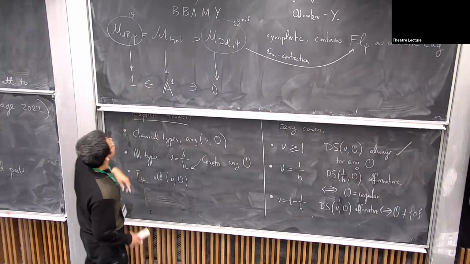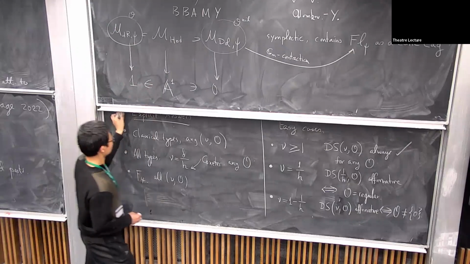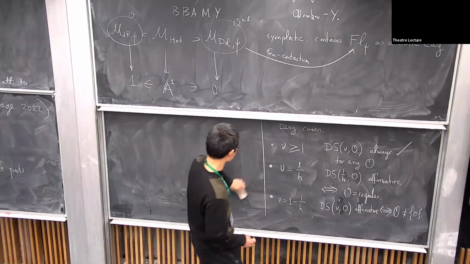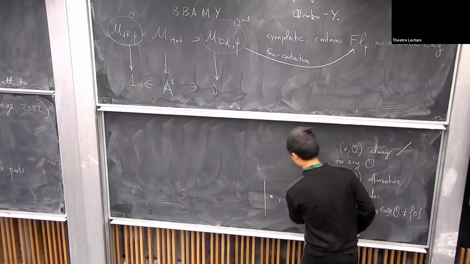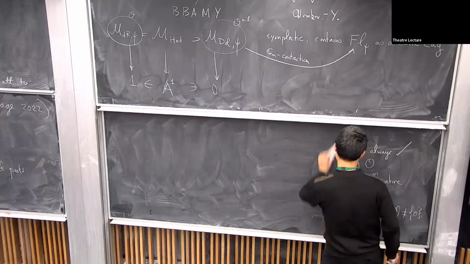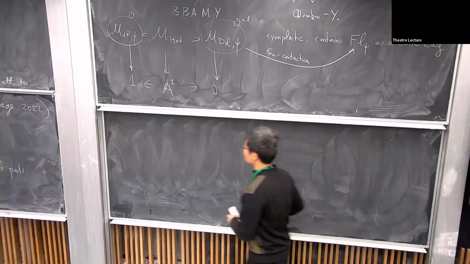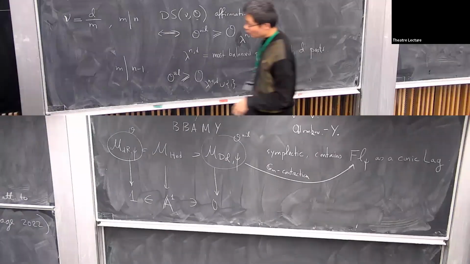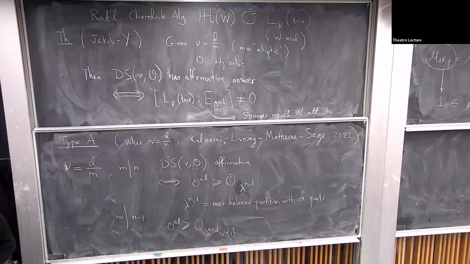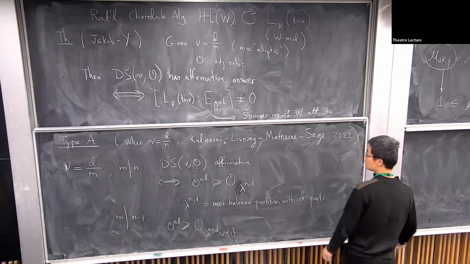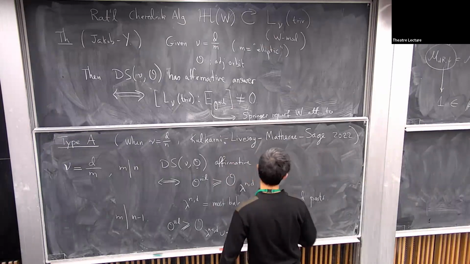Okay, so that's the idea of the proof. So consider these moduli spaces. I want to advertise... Yeah, so maybe just to say how we get these explicit solutions in classical types.